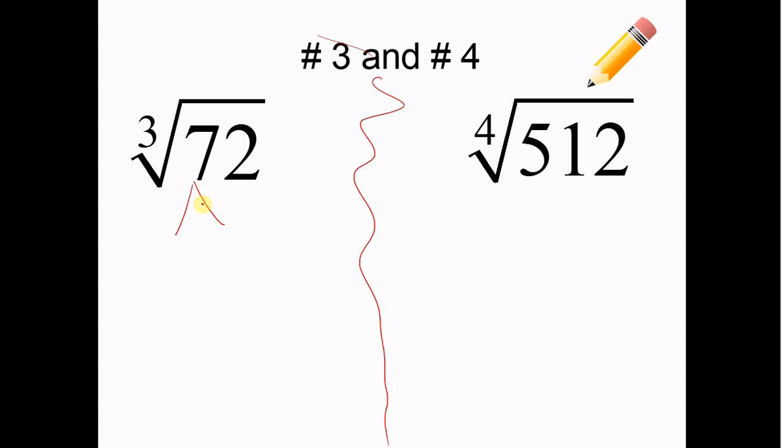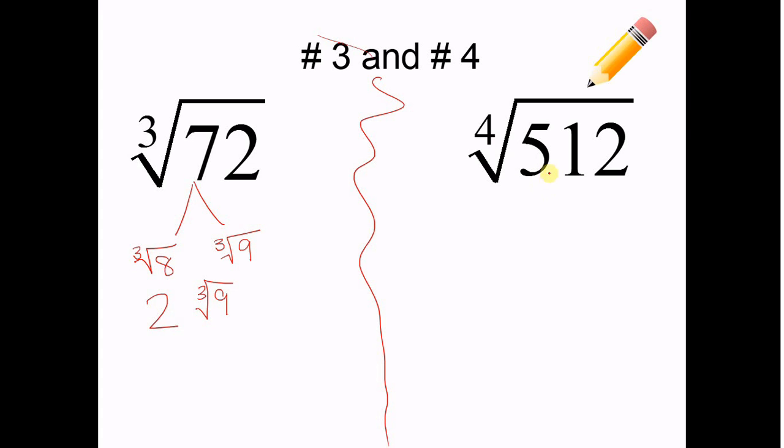You should find 8 will go in there perfectly, and 8 times 9 makes 72. The cube root of 8, if you follow the row, you should get down to 2. The cube root of 9, we can't solve that one at all. So that one's just going to be 2 times the cube root of 9.